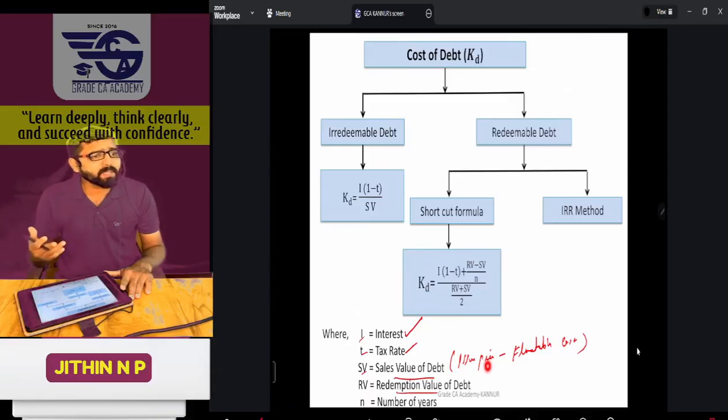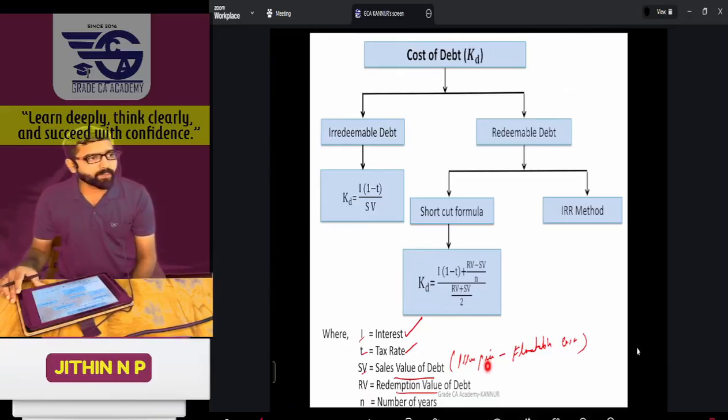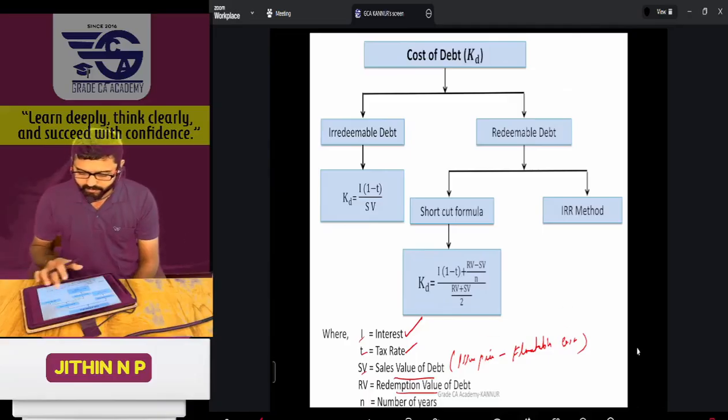Redemption value of debt means the amount they are going to pay at maturity. Suppose they collected 10 lakh through debentures and are going to pay 15 lakhs to the debenture holders. That 15 lakhs is called the redemption value. N is the number of years. Clear?